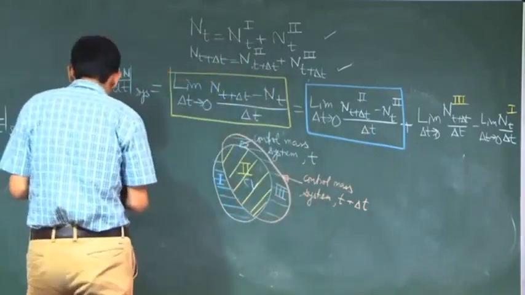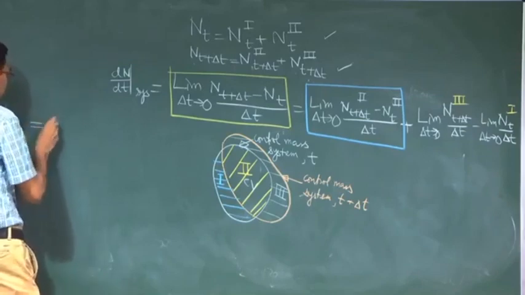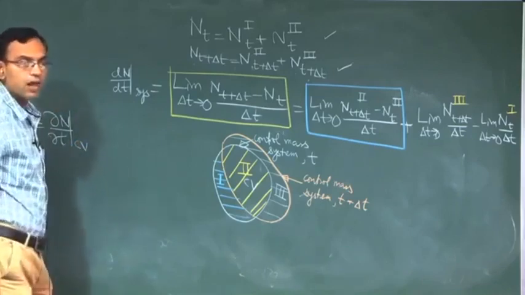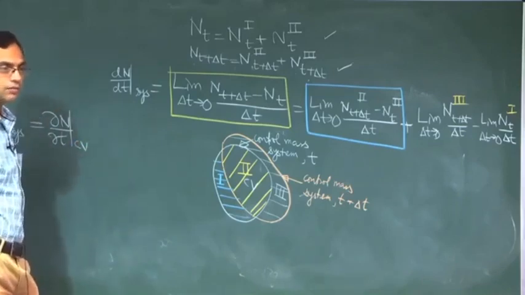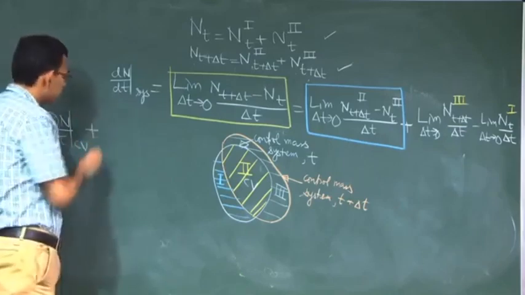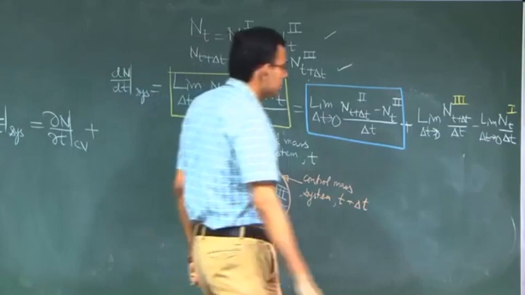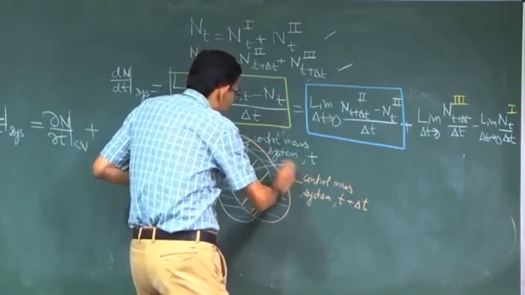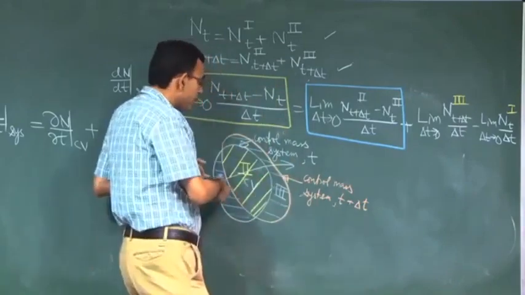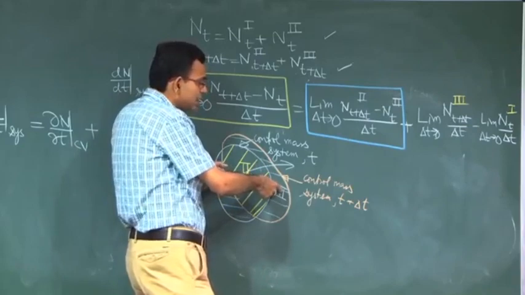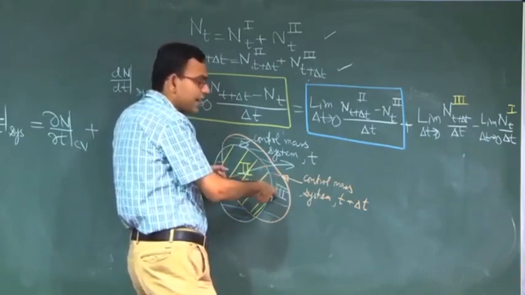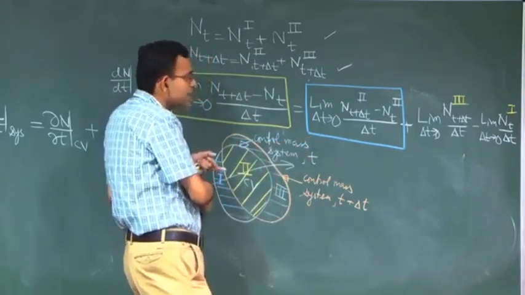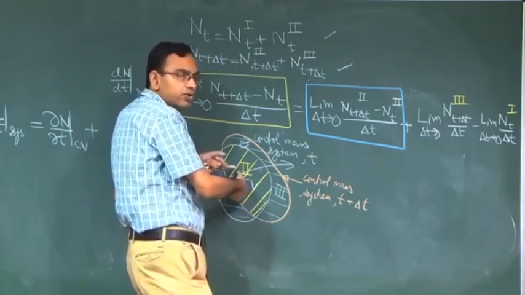So this location 2 being the control volume, plus, if this be the control volume and the system is sweeping from the left to the right, it will appear that this is giving rise to whatever is the rate of change of N at 3, this is giving rise to an outflow across the control volume, and whatever is entering at 1 is giving an inflow to the control volume.